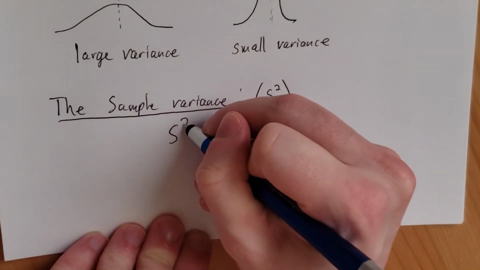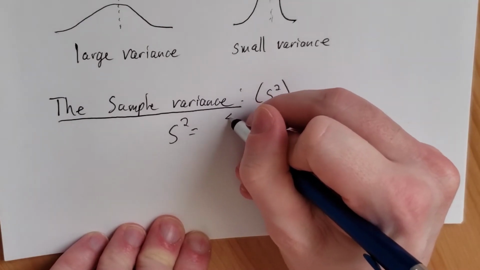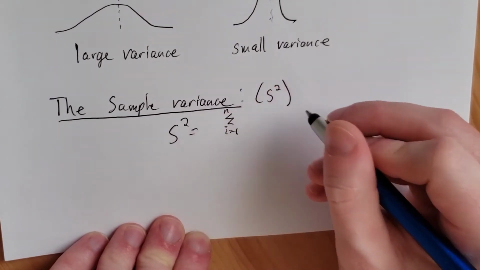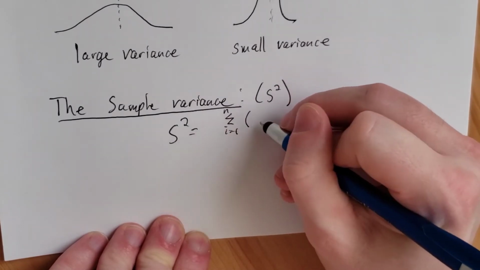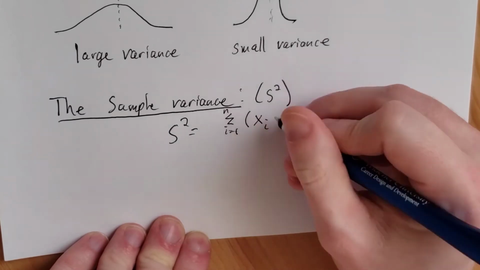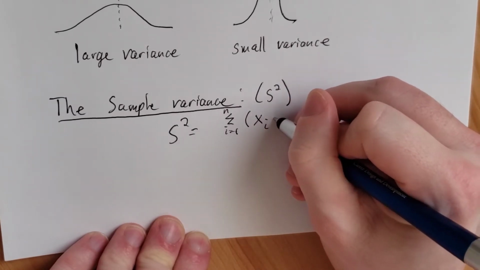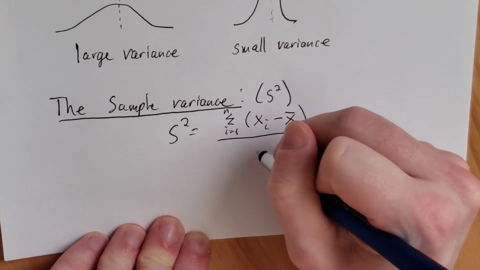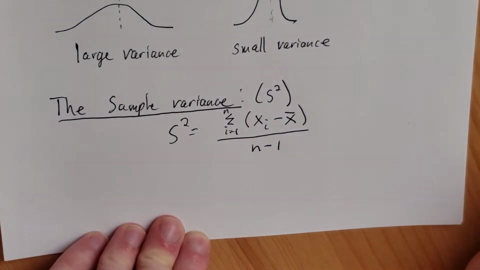And what is s squared? It is the summation from i equals 1 to n of the difference between x sub i, one of the data points, minus the mean, all divided by n minus 1.